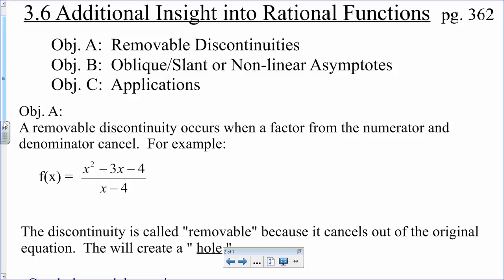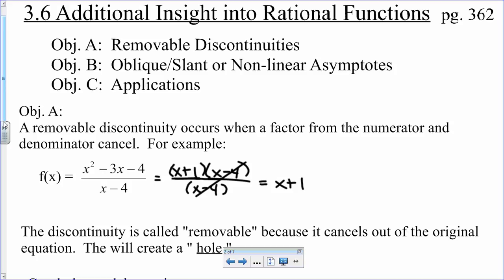So, I know looking at this that x can't equal 4. I want to go ahead and factor because I need to see if I can simplify. So I'm going to factor the numerator. It multiplies to be -4 and adds to be -3. That's going to be x plus 1, x minus 4. Well, then I see that those cancel, leaving me just with x plus 1.